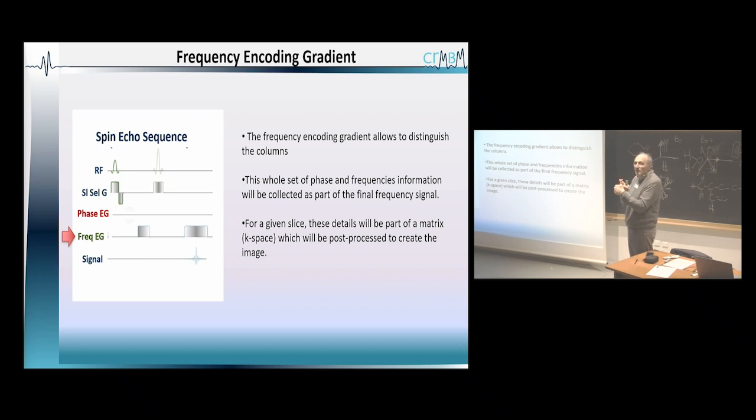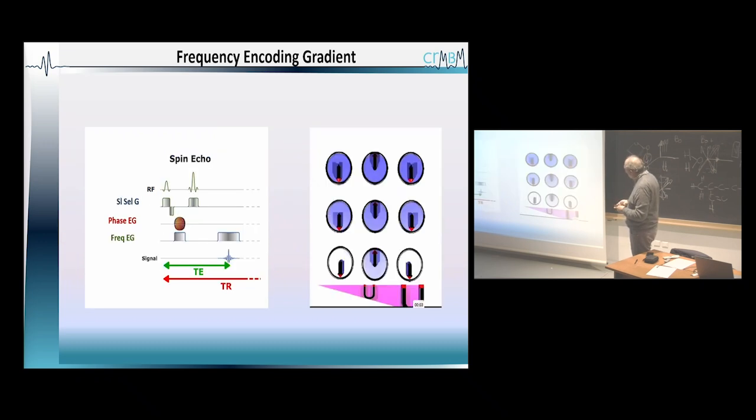You've got the information related to the slice, the lines, and the column. So in summary, you've got the information related to each voxel, okay? But this, of course, in a kind of global signal.